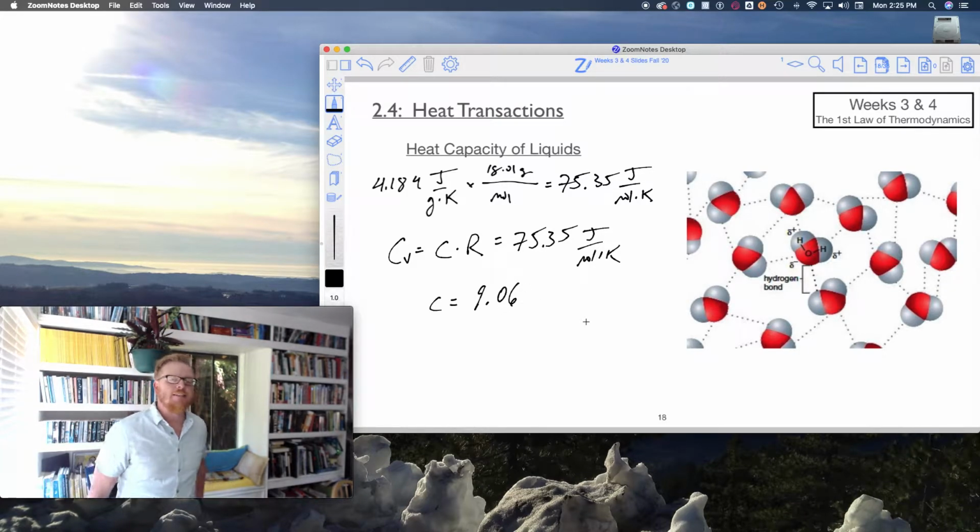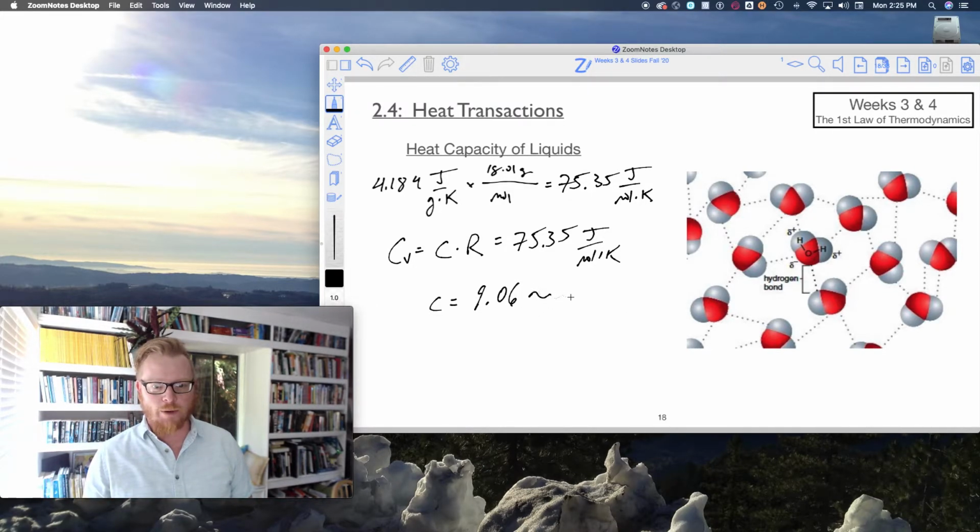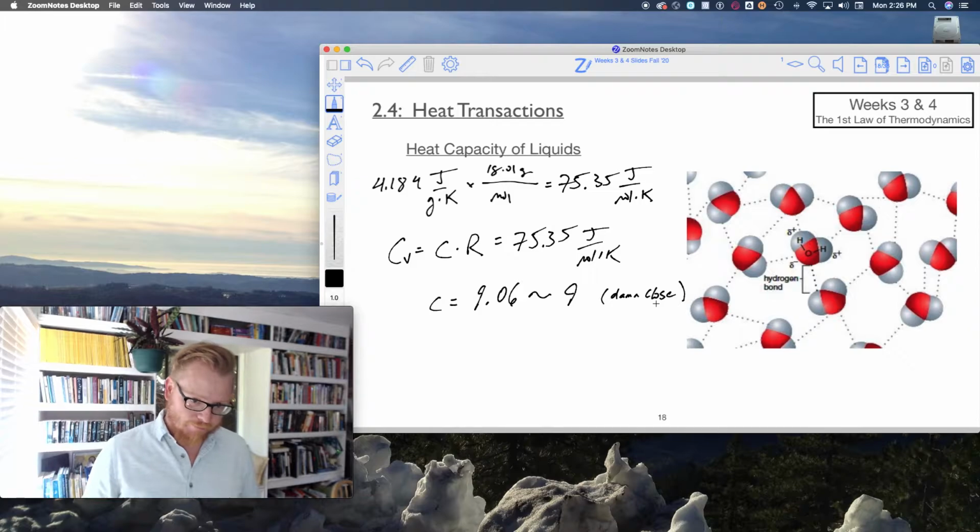I get 9.06. Now, some of you are like, why is that awesome? Why is that significant? Well, it's damn close to the whole number 9. Damn close, okay? And the reason why it's not exactly 9 is because this is the equipartition theorem. So what's significant about the number 9?